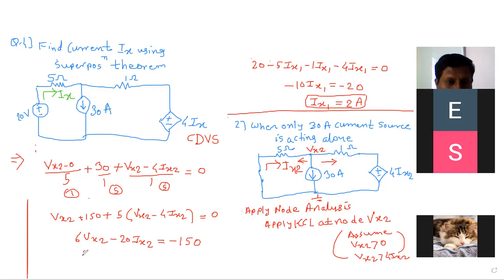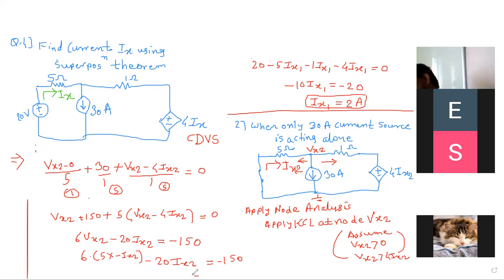So 6 as it is. Vx2 means the current passing through 5 ohm, that is 5 into minus Ix2, because here Ix2 is going downward to upward, so minus will come. Minus 20 into Ix2 is equal to minus 150. So 6 into 5 is 30, minus 30 minus 20, total how much? Minus 50.